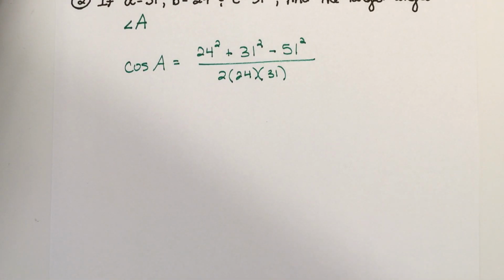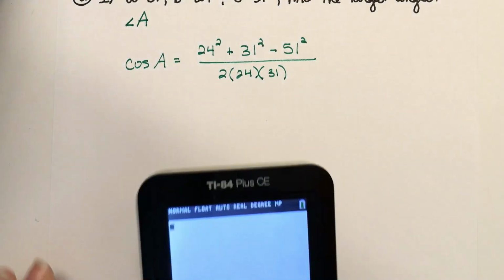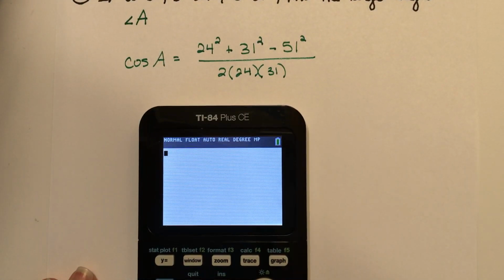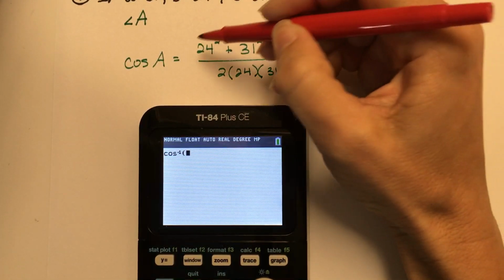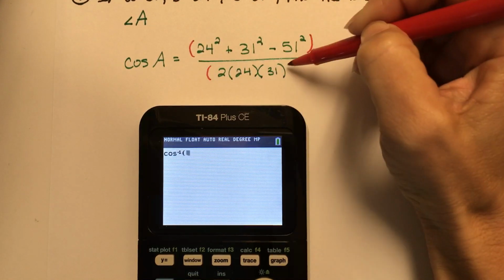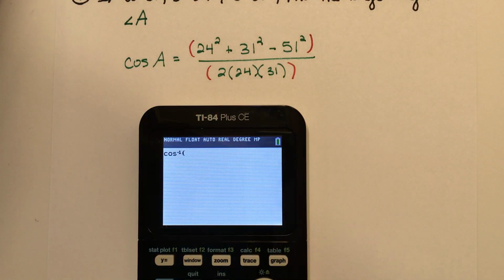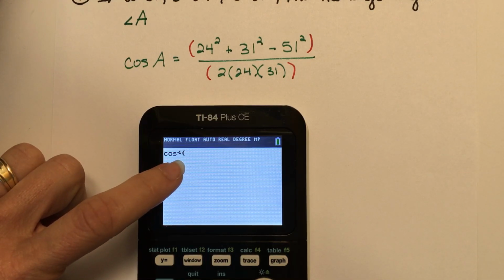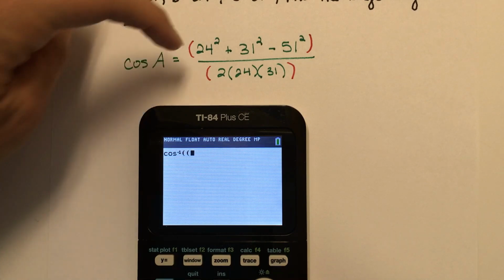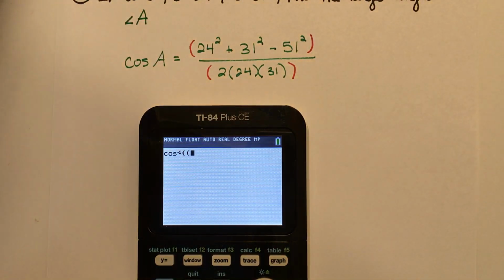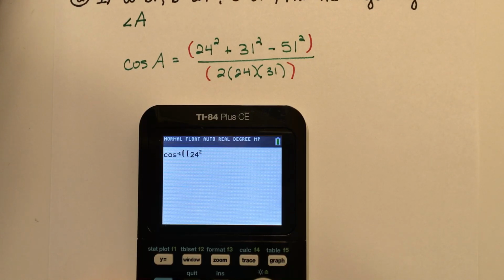Now, you've got to be careful on this one as far as entering it into your calculator. First of all, you are trying to find an angle, so you have to start off by doing second cosine. But you're also going to have to insert a set of parentheses around your numerator and a set around your denominator. The set that the calculator opens here actually goes around the whole fraction. So I've got to open up another one, which is the set I'm going to put around my numerator. All right, so let's type in my numerator.